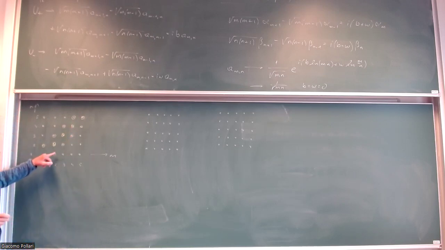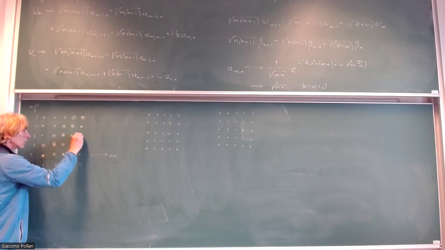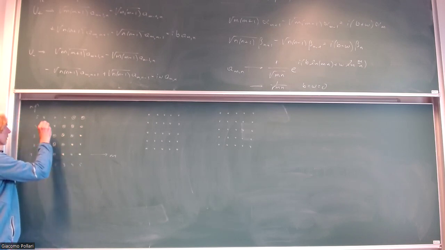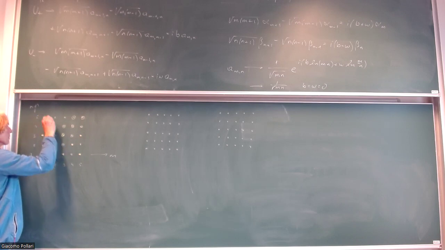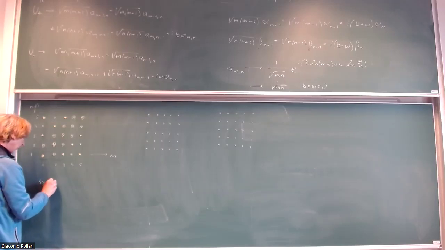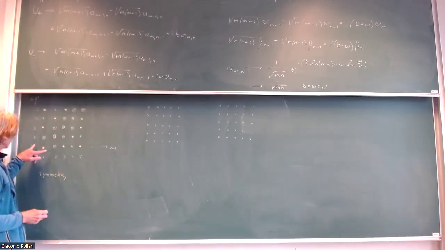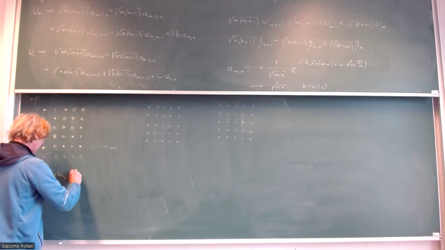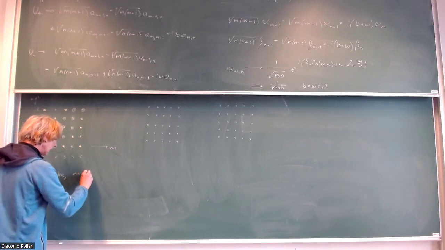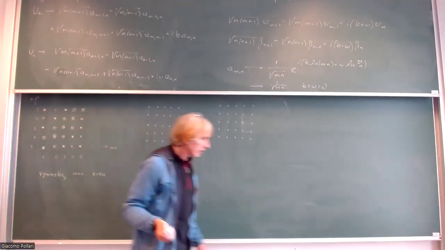Then I get a symmetric solution with non-zero values here and here, symmetric and non-zero when m plus n is even. This is one possibility.